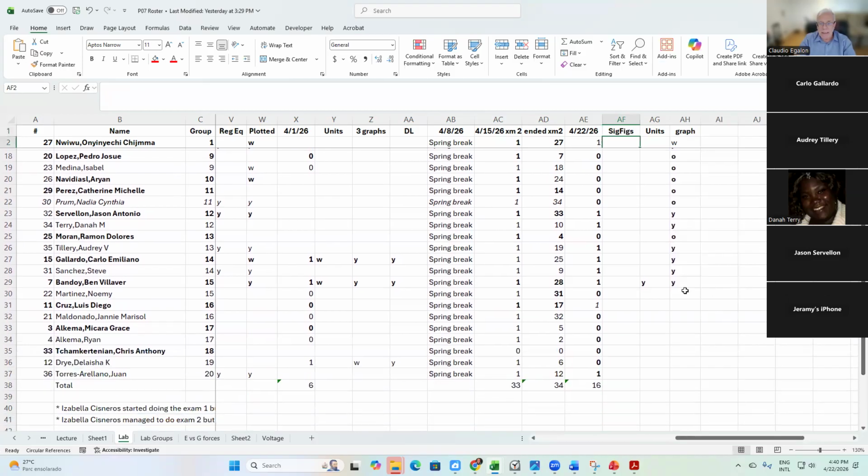Okay, good. Next is Noemi Martinez. I don't see Noemi Martinez here. Luis Cruz. Luis Cruz left. Jenny Maldonado, I don't see Jenny.